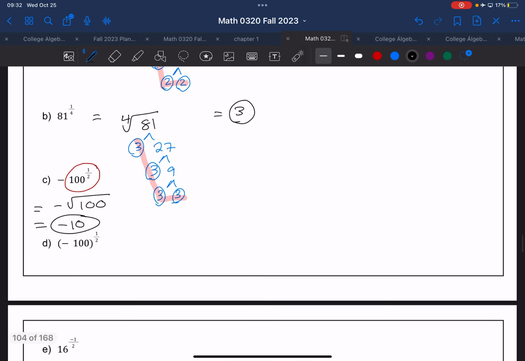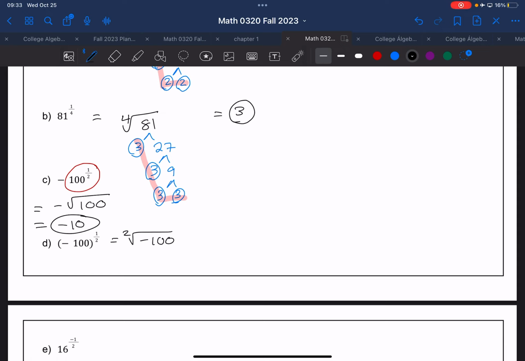Okay, so what's different between C and D? The negative's on the inside. Good, the negative is on the inside. So how would we convert this to a radical? The square root of negative 100, because that 2 signifies square root, and for square root, we don't have to write the 2 here.